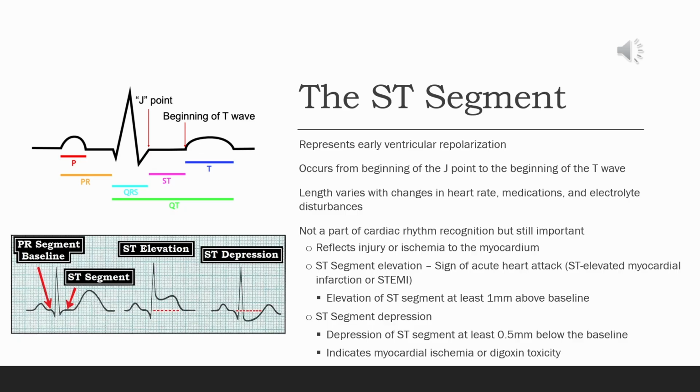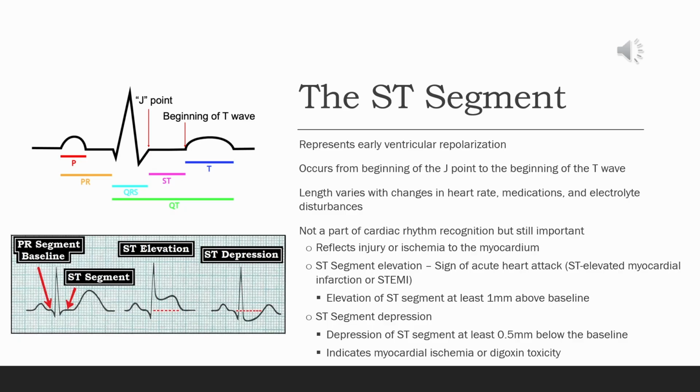Under normal conditions, the ST segment is isoelectric, meaning that it sits on the baseline without any elevation or depression. The length of the ST segment can vary depending on heart rate, electrolyte levels, and different medications.